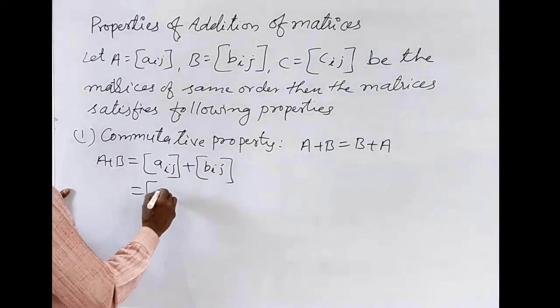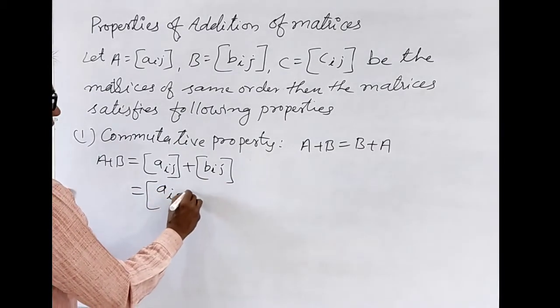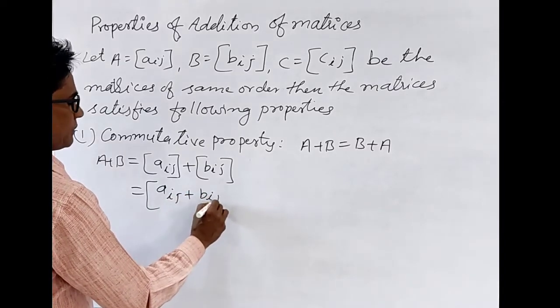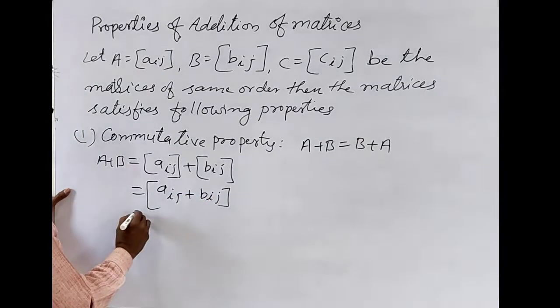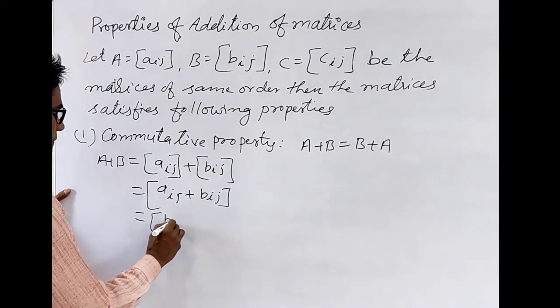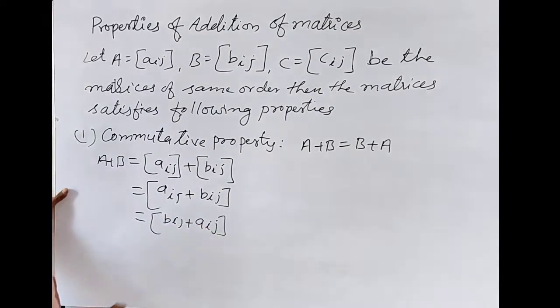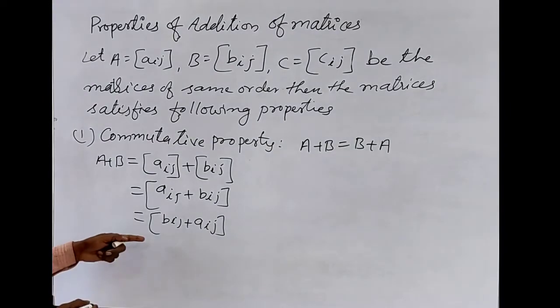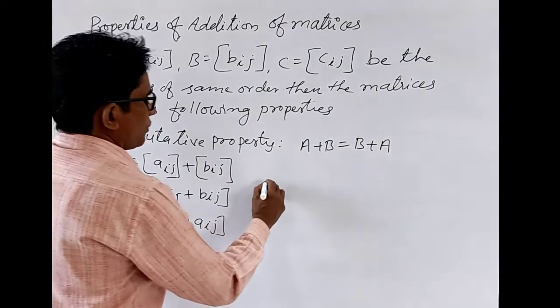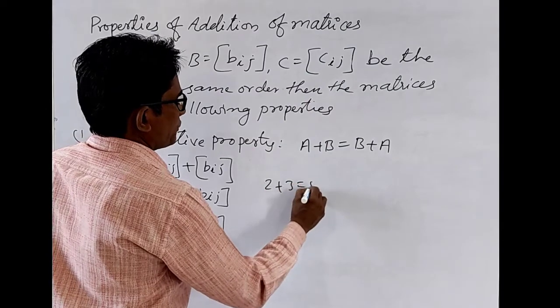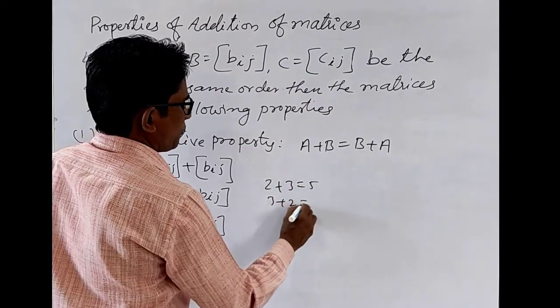So it is equal to Aij plus Bij. This can be written as Bij plus Aij. How can we write this? Because 2 plus 3 is equal to 5, and 3 plus 2 is equal to 5.